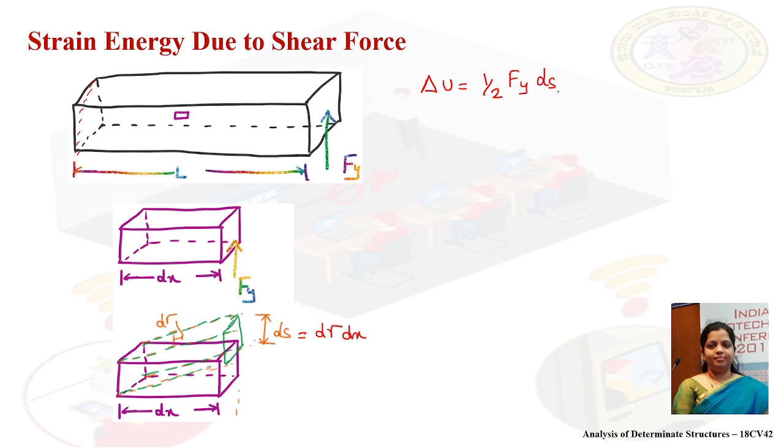So substituting the value of ds in equation 1, delta U is equal to half into Fy into d gamma into dx.